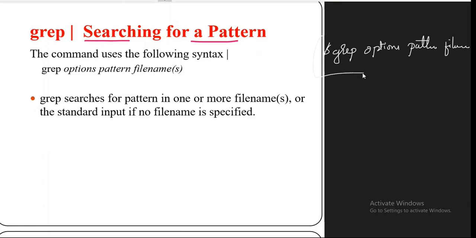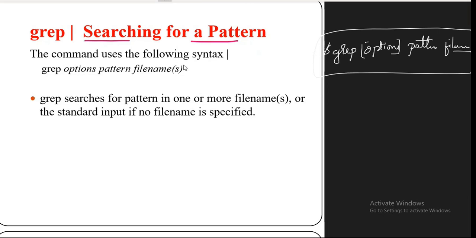So this is the syntax you need to follow for grep. If you want to specify any filtering or specific information, you will specify the options, followed by the pattern you are going to search in this particular file name.